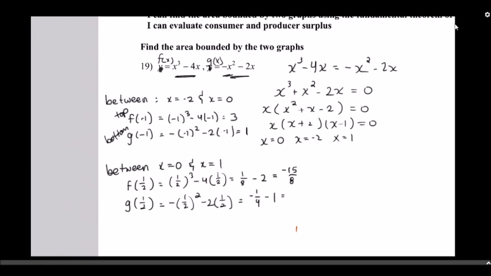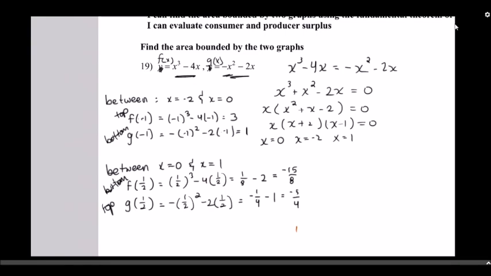And then negative 1/4 minus 1, 1 is 4/4, so negative 1/4 minus 4/4 is negative 5/4. So negative 15/8 and negative 5/4. Negative 15/8 is more negative, so that's a smaller value than negative 5/4. So now this one's actually the larger value here. So this one's become the top, and that one's become the bottom.